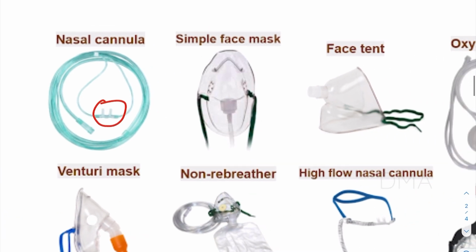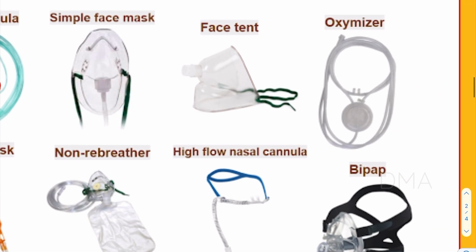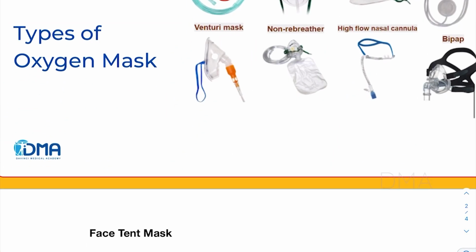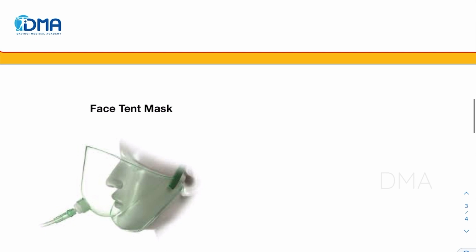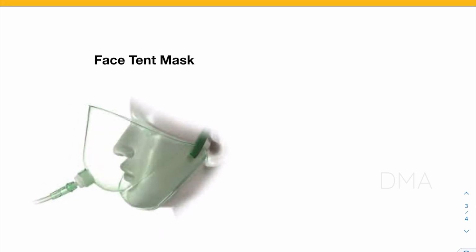Then we got the simple face mask, and a simple face mask can be easily identified by multiple holes on either side of the mask. And then we got the face tent mask. A face tent mask is basically, wait, let me give you another picture. Yes, this is a face tent mask and this is how you wear it. Why do we use a face tent mask?